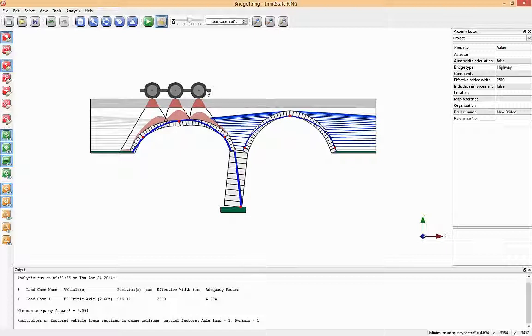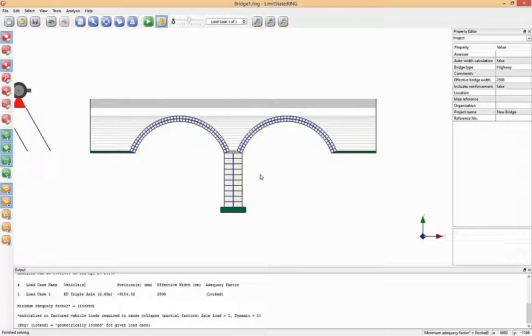If I take the load completely off the bridge, then it will try and do an analysis, but it won't have much success because it's trying to multiply up this applied load until we get failure, but it can do that ad infinitum and it still won't get the point of collapse.